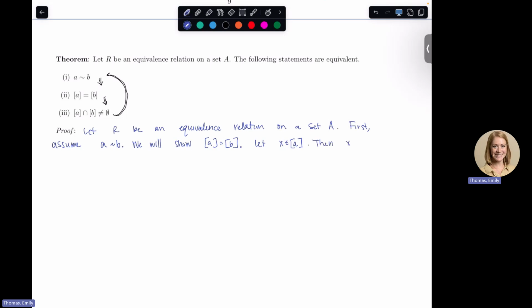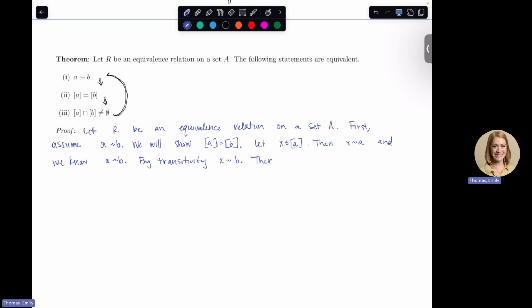So then X is related to A, because if it's in the equivalence class of A, it's related to A. And we know A is related to B. By transitivity, X is related to B, because it's an equivalence relation, so it is transitive.